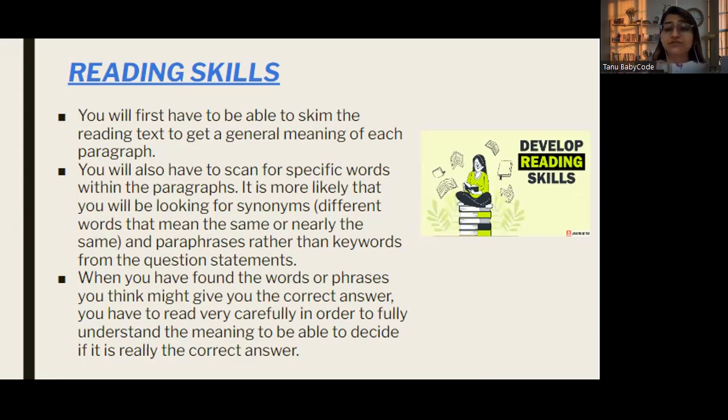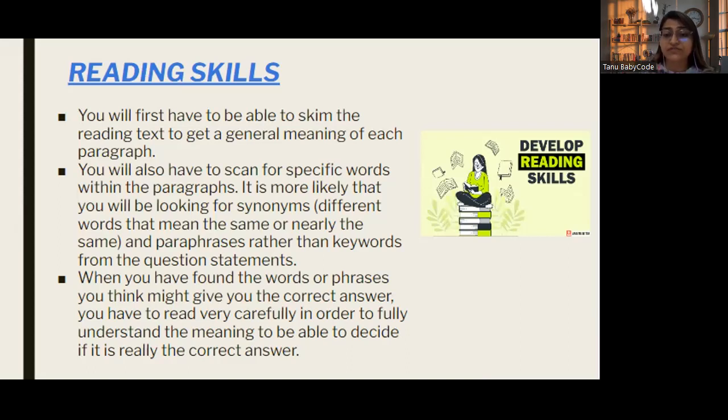You will also have to scan for specific words within the paragraph. You need to do your scanning also, because it is more likely that you will look for synonyms. So what are synonyms? Synonyms are different words that mean the same or nearly the same, and rephrases rather than the keywords from the question statement. When you have found the words or phrases, you might think you have the correct answer.